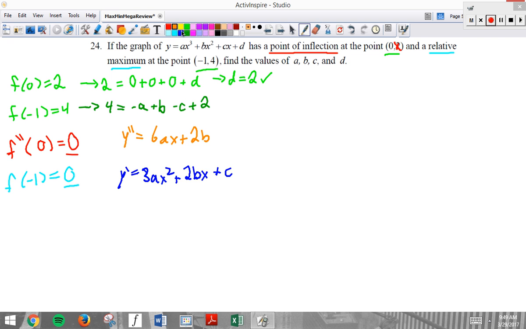Okay, now taking these two pieces of information together gives me that 0 must be equal to 0 plus 2b, which tells me that b had to be equal to 0. Yay! Interesting information.